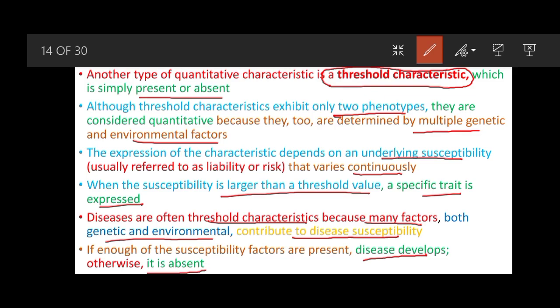So in the case of threshold characteristics, the absence or presence of the disease is not simply dependent on one or two factors. There are many factors contributing to causing the disease. When a certain threshold is achieved, then a person will be diseased, and if that threshold is not met, then the disease will be absent.